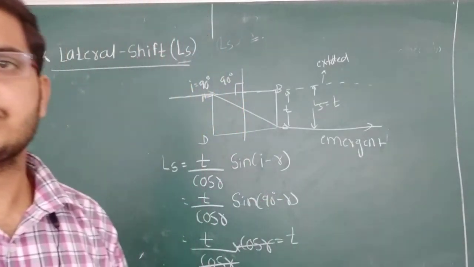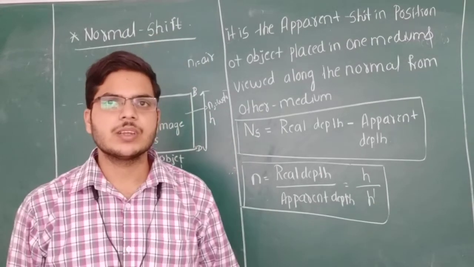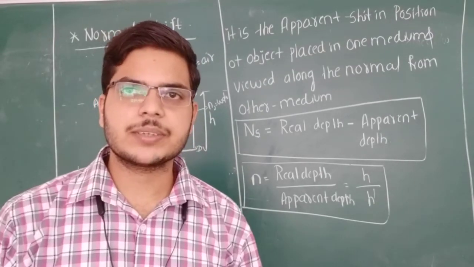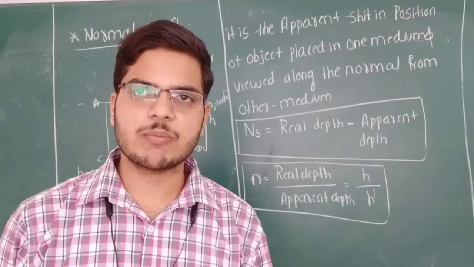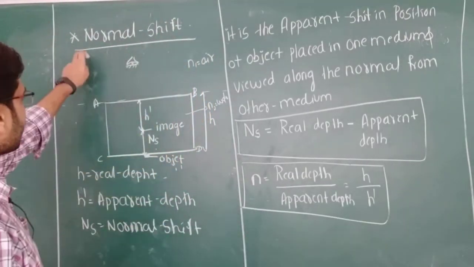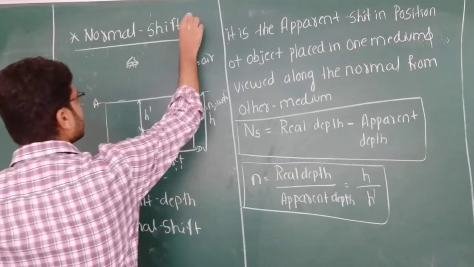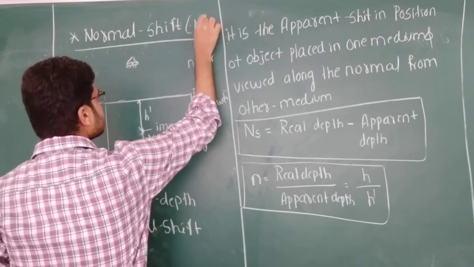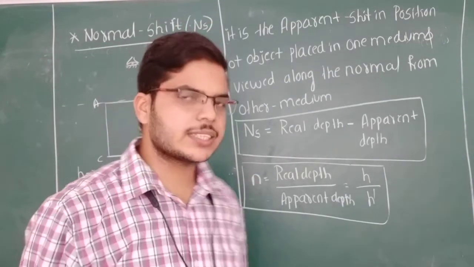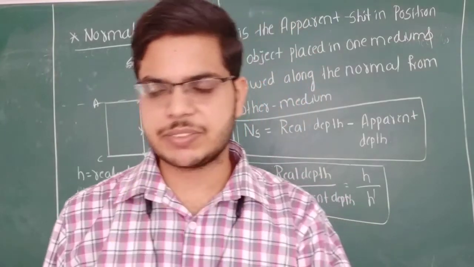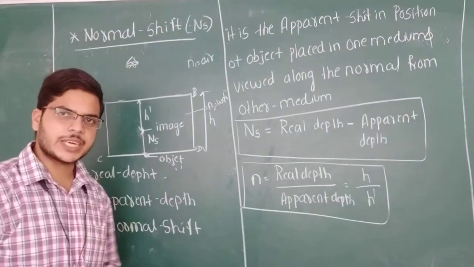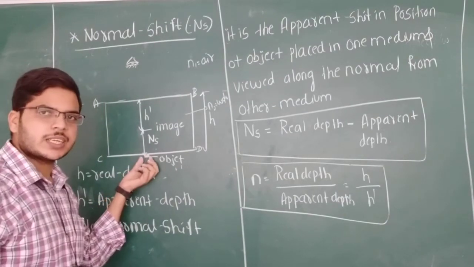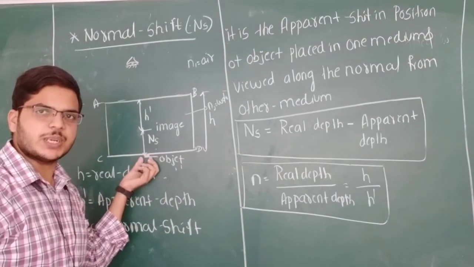Okay. Now, the next natural consequence of refraction is called normal shift. It is denoted by the symbol NS. Normal shift means you take one object and place it in a different medium.